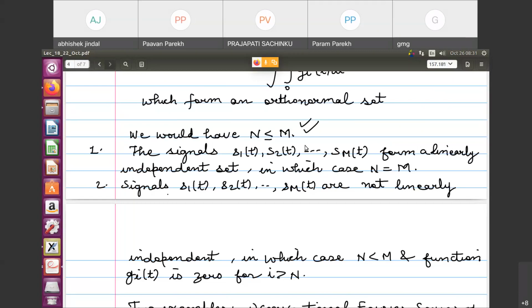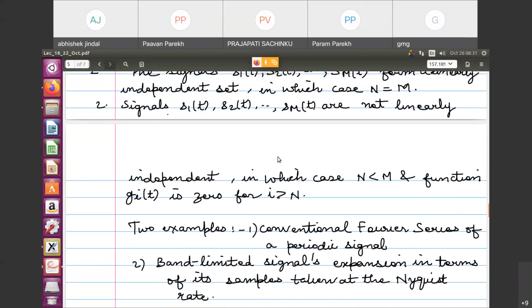We saw that if S1, S2, up to SM(t) are linearly independent, then capital N would be equal to capital M. If they are not linearly independent, then definitely capital N would be less than capital M, and the functions g_i are 0 for i greater than N. Let us say you are repeating the Gram-Schmidt process, and after the Nth iteration, all of your functions come out to be 0.